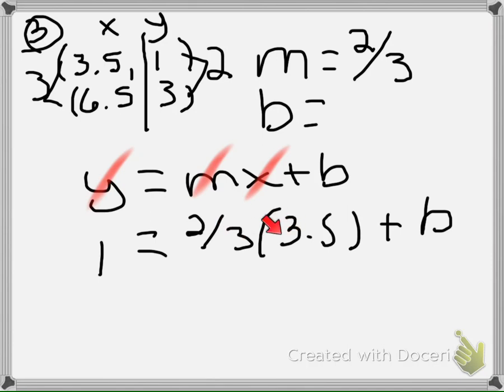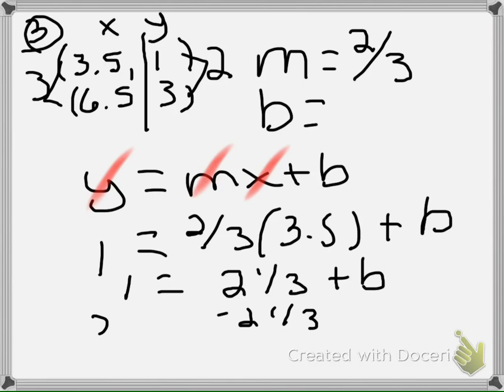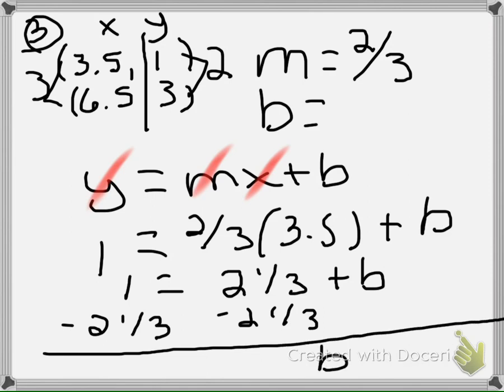This means to multiply. 2/3 times 3.5 is 2 1/3. To get the b by itself, I have to subtract 2 1/3 on both sides. B equals -1 1/3.